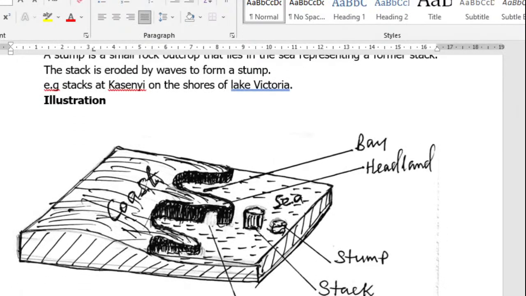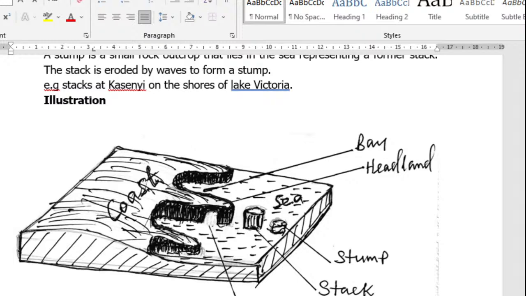Your attention should be put on the categorization of landforms that are found along the coast, because we find most of these in the objective type questions.